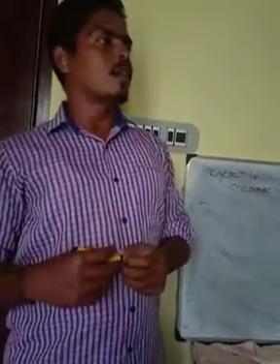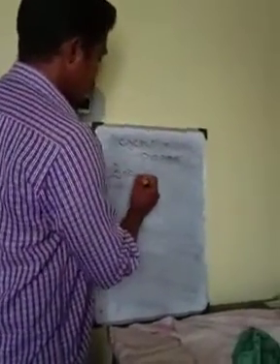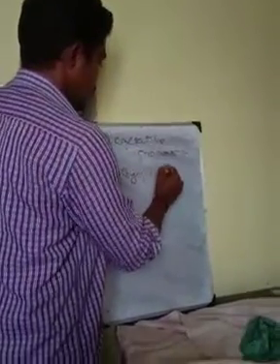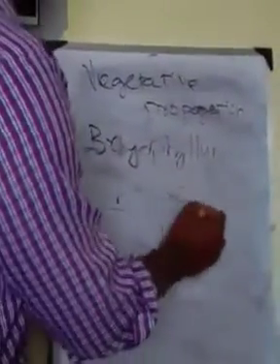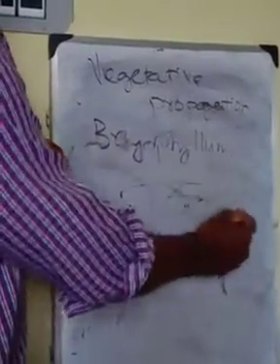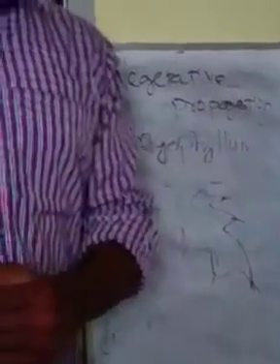Example, Bryophyllum. Bryophyllum is a type of plant in which, if you take a single leaf and put it in the soil, roots will be produced from the leaf base and it will grow into a new plant.